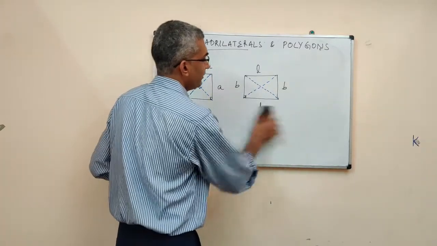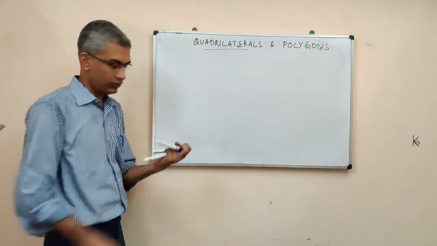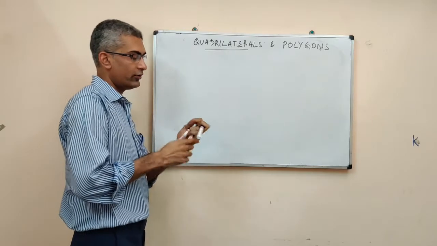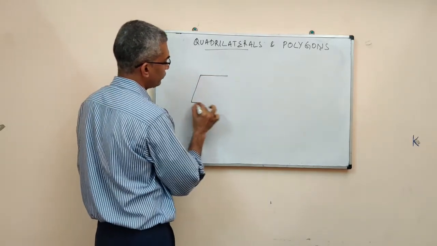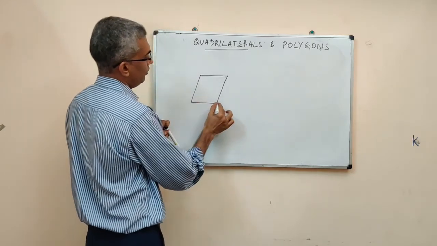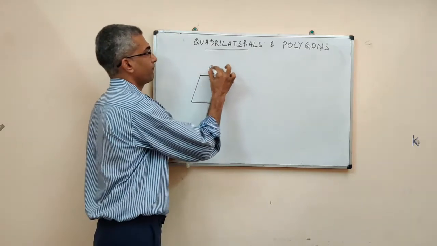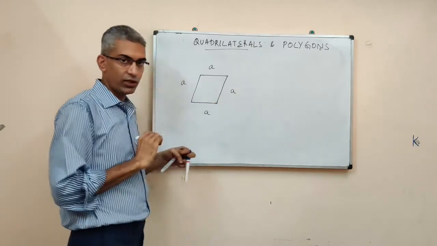Another commonly seen quadrilateral is the rhombus. A rhombus is mostly a skewed square. You tilt the square a little, you get a rhombus. All the 4 sides are equal, but the adjacent sides are not perpendicular.